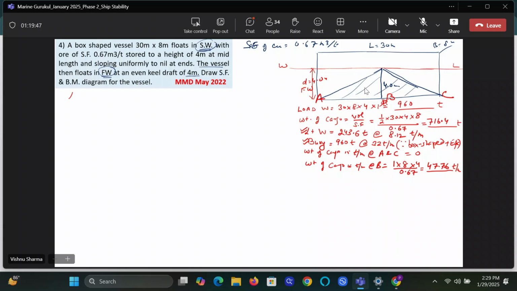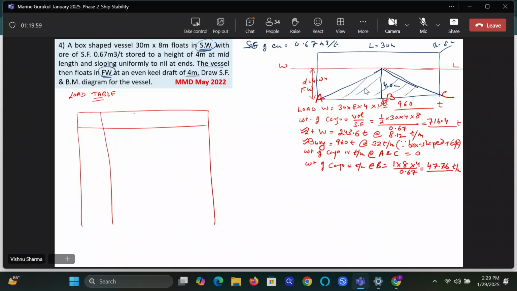You can now make the load table. And as you rightly said, 3 points are more than enough. So we'll make it for 3 points: A, B, and C. Guys, can you fill up the light displacement in tons per meter?